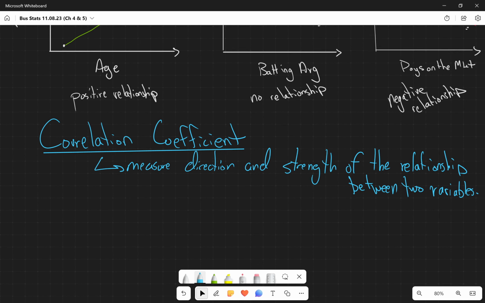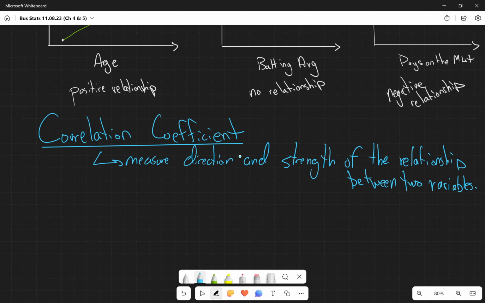And so our formula for our correlation coefficient is going to be abbreviated with a lowercase r. And what we're going to do is take a sum of how far the x's get from their average, and multiply that by how far the y's get from their average.